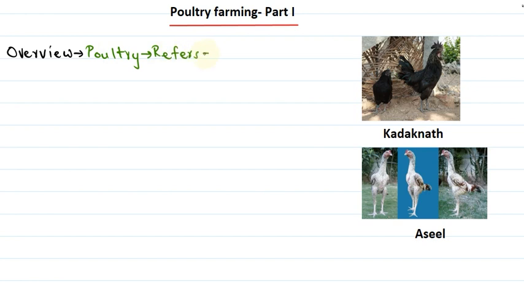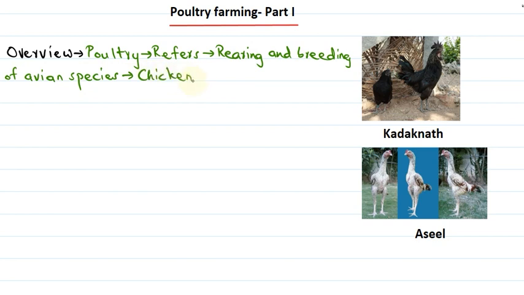This term poultry refers to the rearing as well as the breeding of avian species such as chickens, ducks, turkeys, geese, and guinea fowls which have been domesticated.